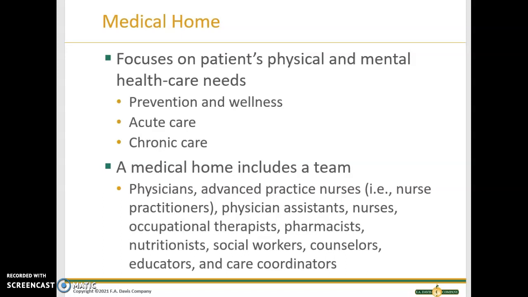This includes prevention and wellness, acute care, chronic care, and that medical home team can and usually will include the physician, advanced practice nurses, physician assistants, nurses, and now we're seeing more occupational therapists, pharmacists, nutritionists, social workers, counselors, educators, and care coordinators.